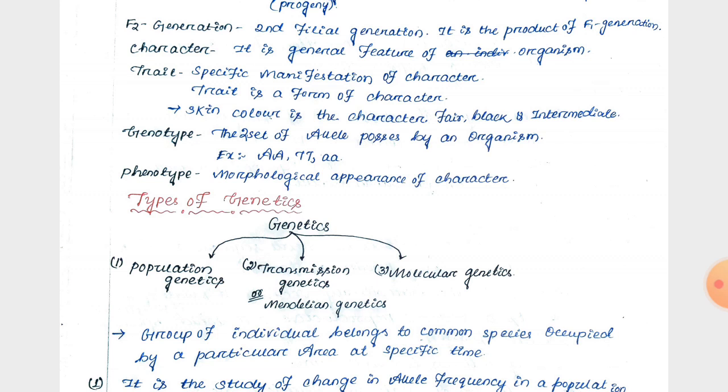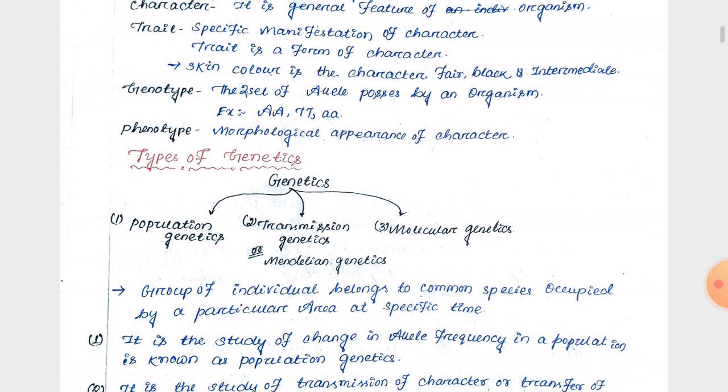If you pick a particular color or pigmentation, for example black or white or medium, these manifestations are called traits. In the Mendelian concept, stem height is the character, and tall, dwarf, hybrid are the traits.